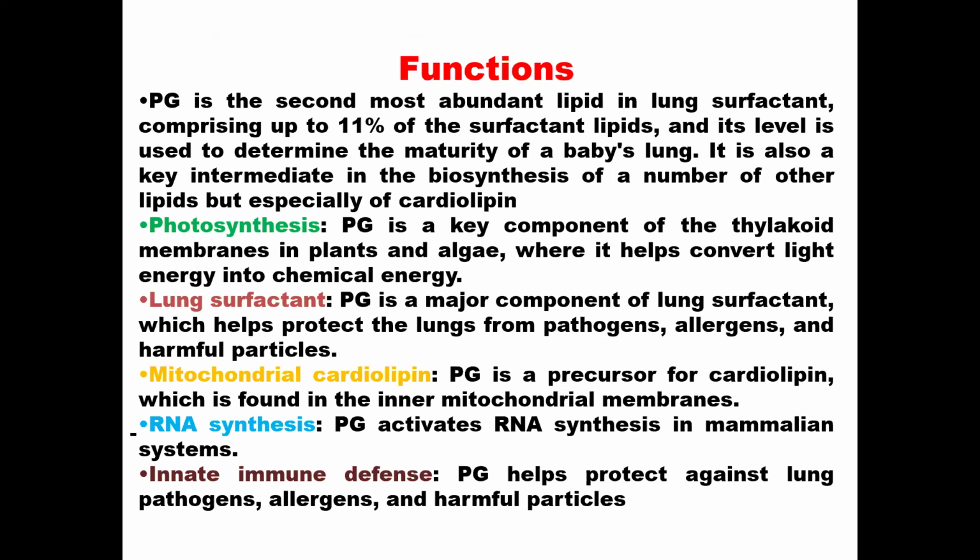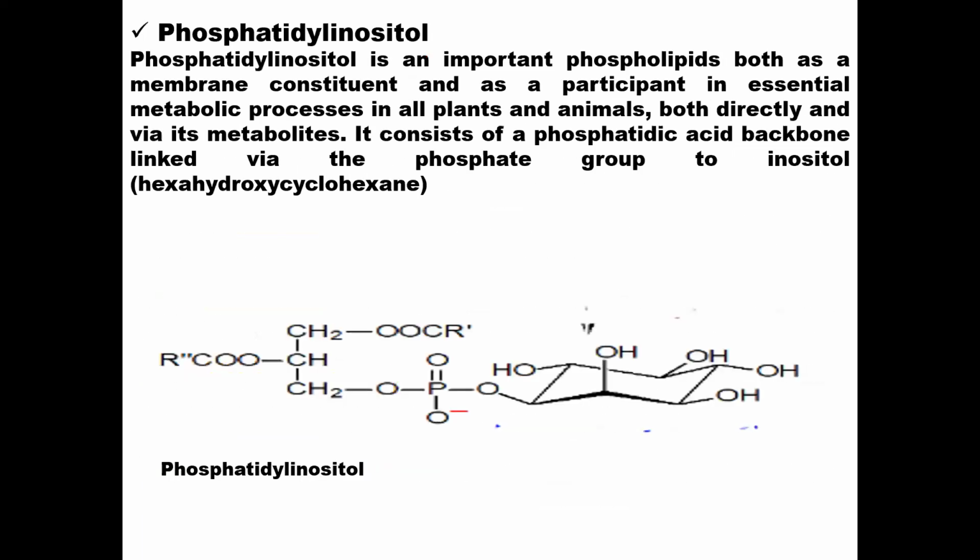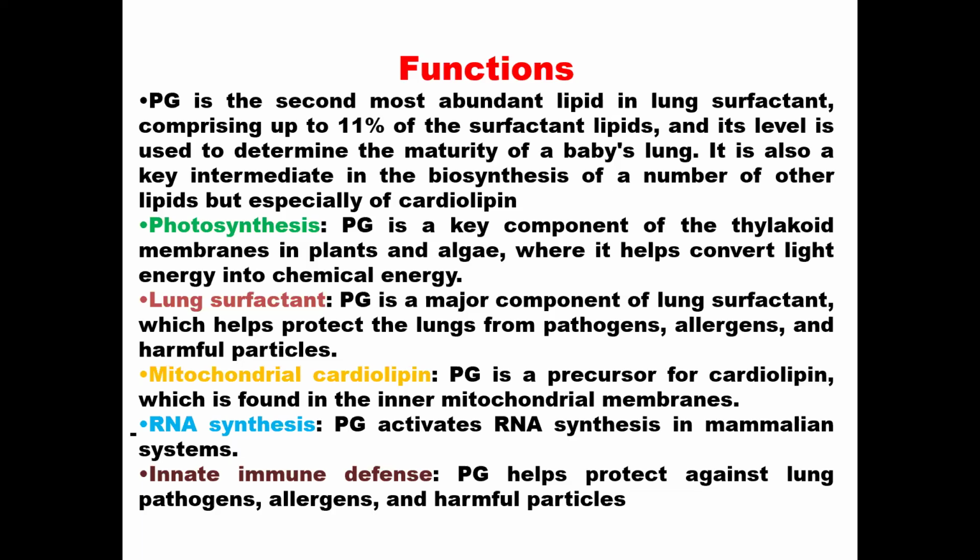So what are the functions of phosphatidylglycerol? We know that it is found in the cell membrane, and it is the second most abundant lipid found in lung surfactants. We said that surfactants are surface active agents, and it comprises up to 11% of those surfactant lipids.